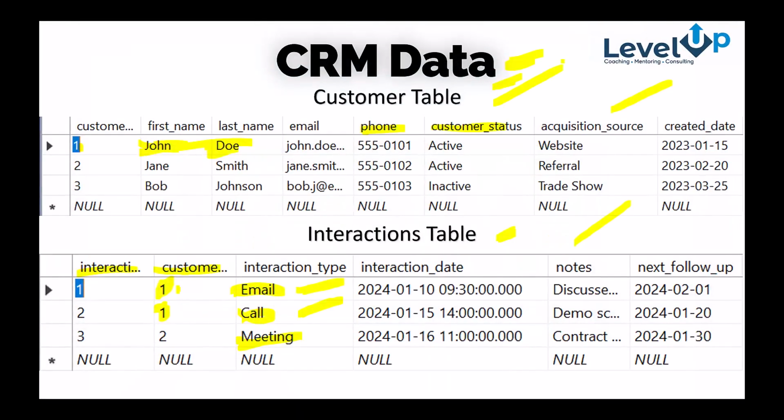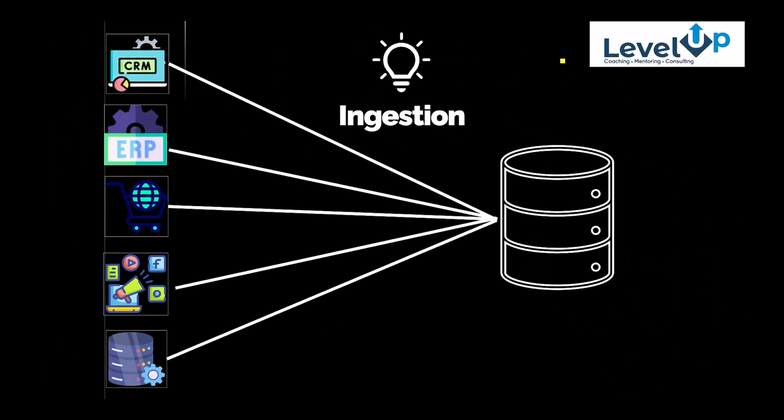That means if I want to know what product this customer has purchased, that data is not straight away in one table. It is part of three tables, and those three tables are part of three different sources. One table is coming from CRM, one table is coming from ERP, another table is coming from here.